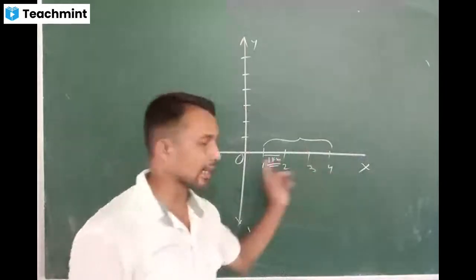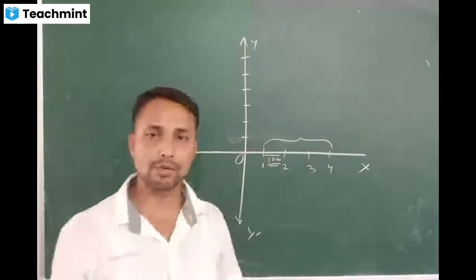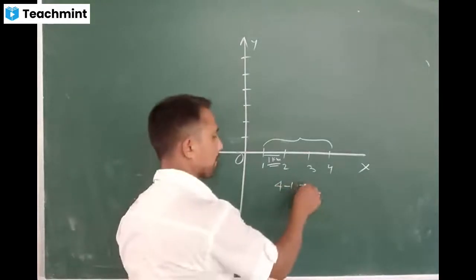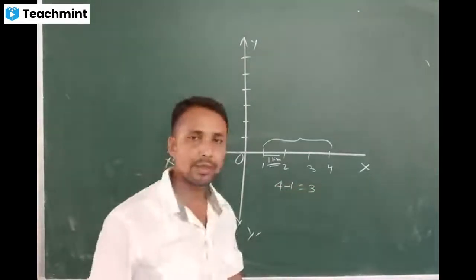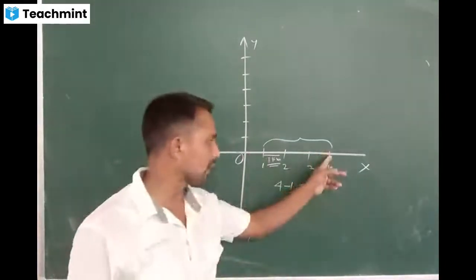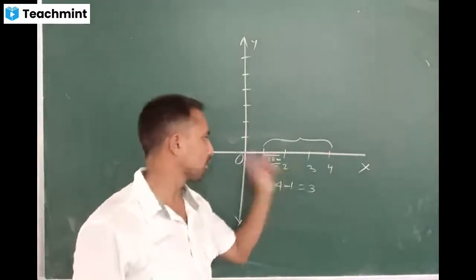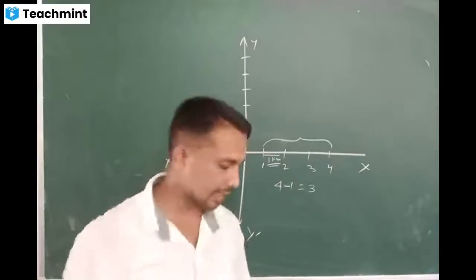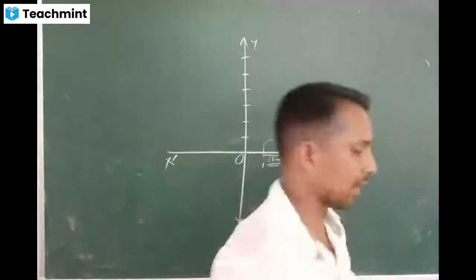So the distance here is quite easy to find. 4 minus 1 gives 3, so it is 3 units, or 3 kilometers.